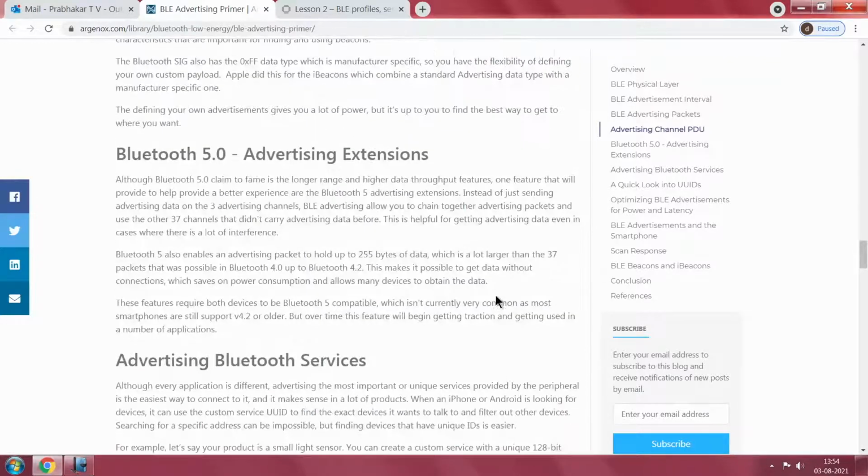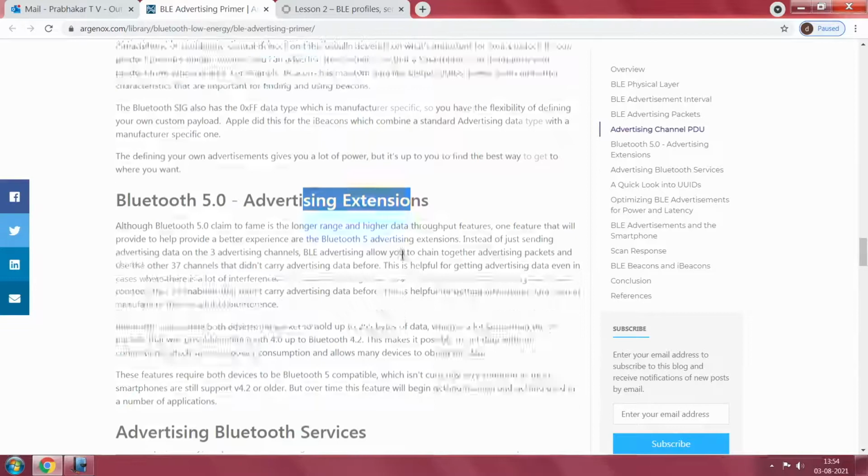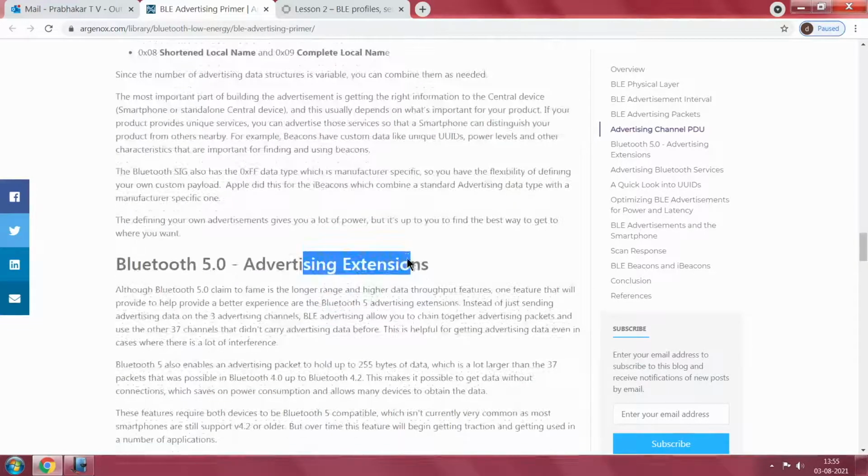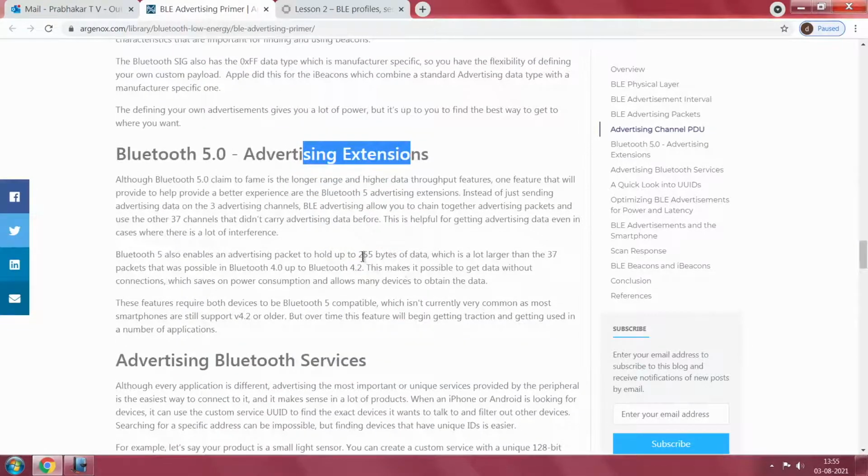Now I mentioned to you that instead of going on just the 3 advertising channels, you can also do advertising extensions on other channels, and also useful is the fact that you are not now short of any space, because out of 31 bytes 16 bytes are already gone depending on the type of advertising data type. You can actually go up to 255 bytes of data, which is a lot larger than the 37 minus 6 which was out there.